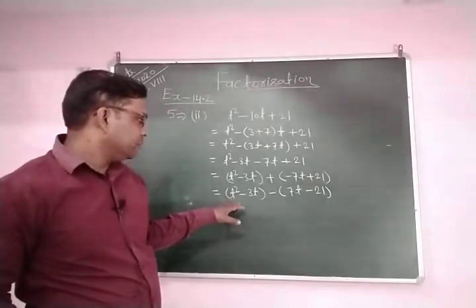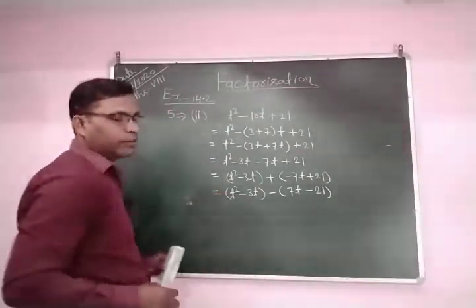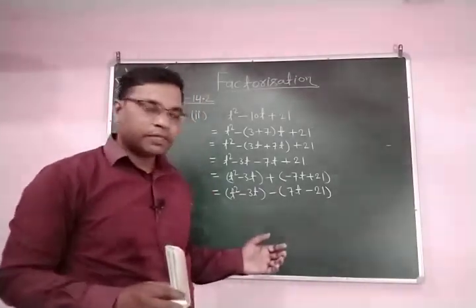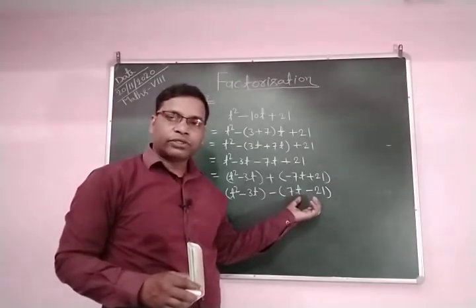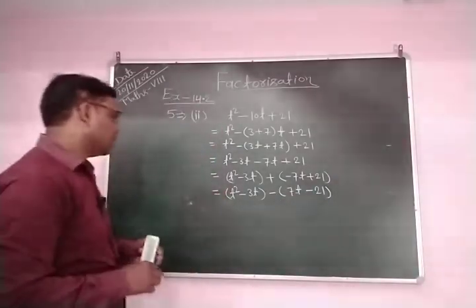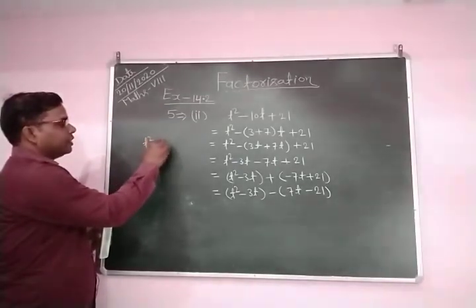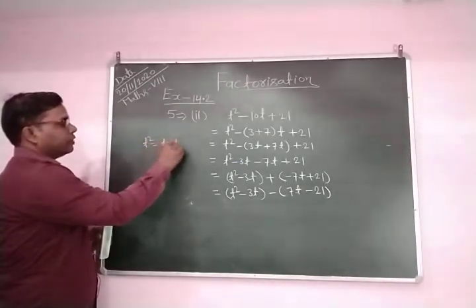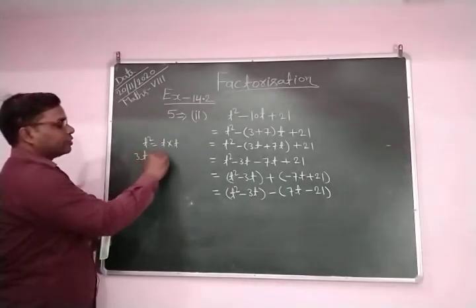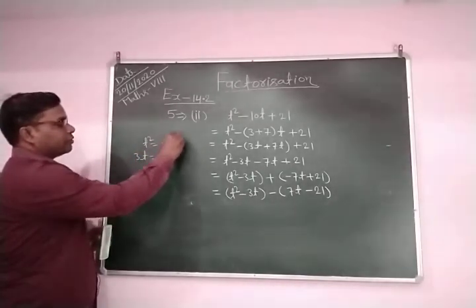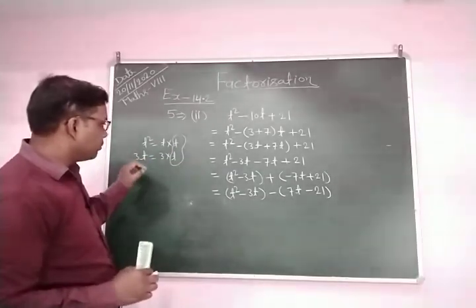Now here you observe, you can write t square minus 3t, this is the first group. What is common in the first group and what is common in the second group? T square minus 3t: t square is equal to t into t, and 3t is equal to 3 into t. So you can see here in both terms what is common?